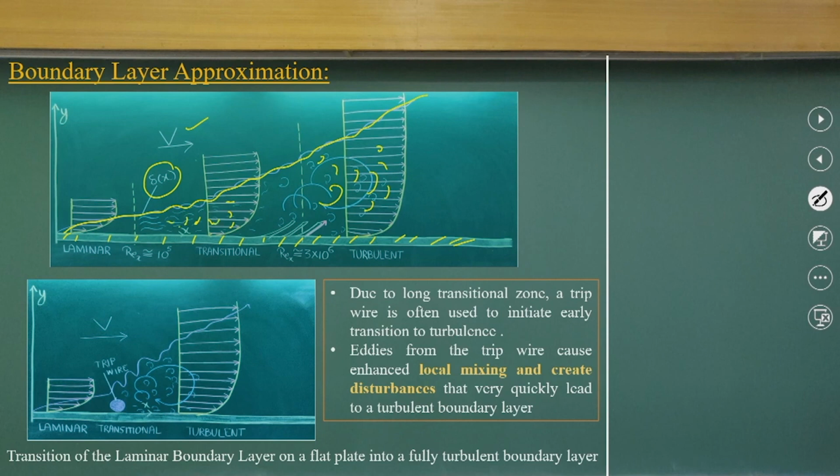So as we move in the x direction, there will be regions of laminar boundary layer, transitional boundary layer and turbulent boundary layer, as formed from the experiments.